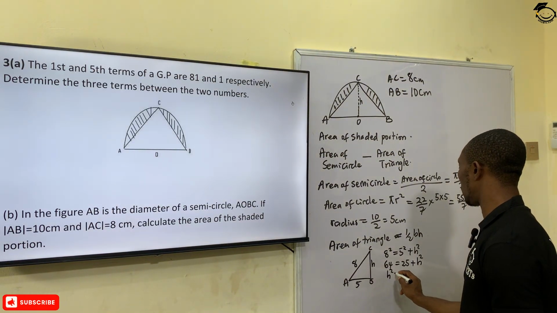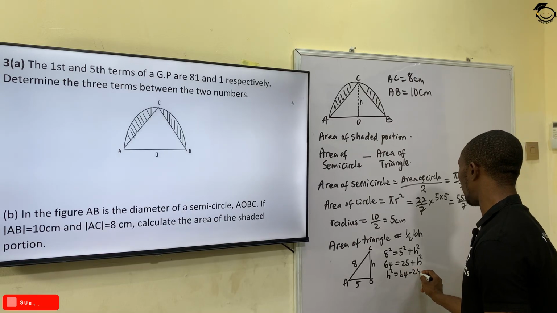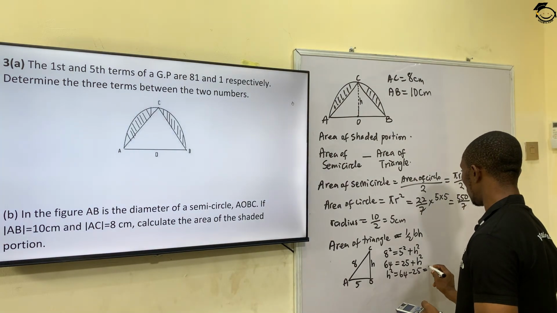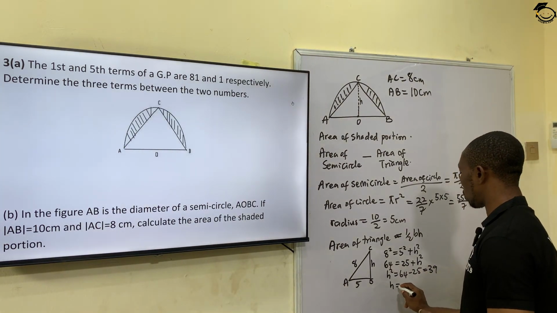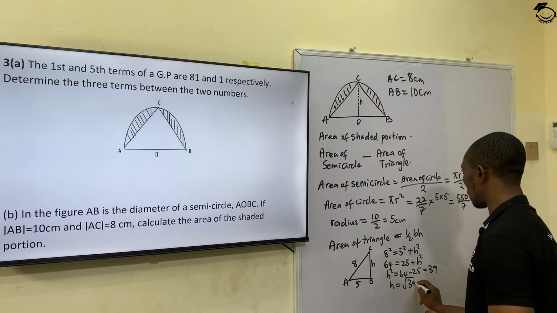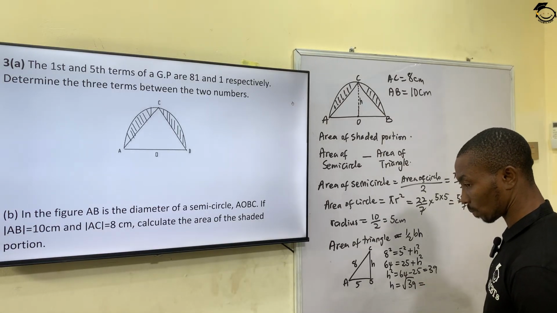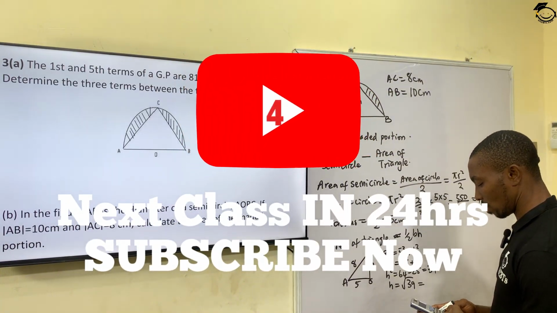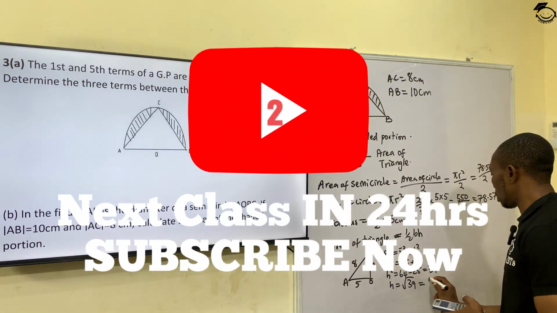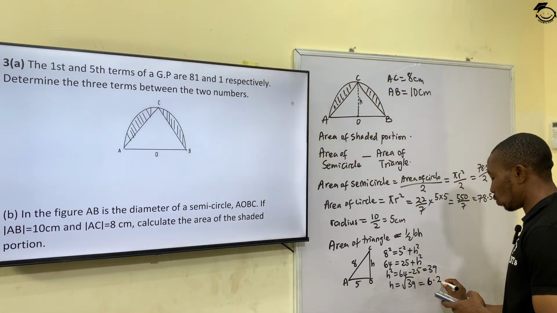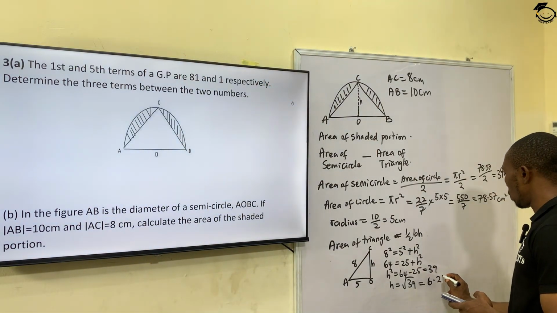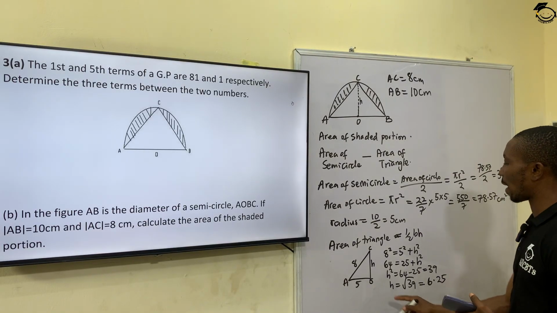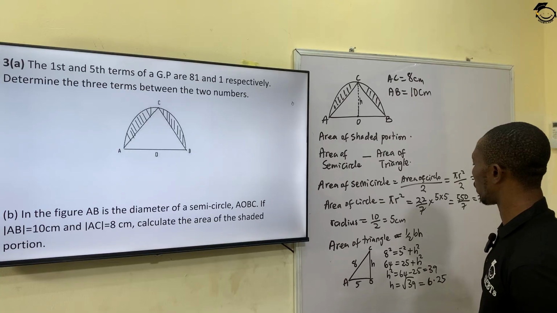So h squared equals 64 minus 25, which gives us 39. So our h equals root 39, which would give us 6.25.